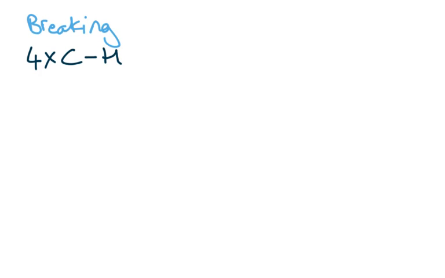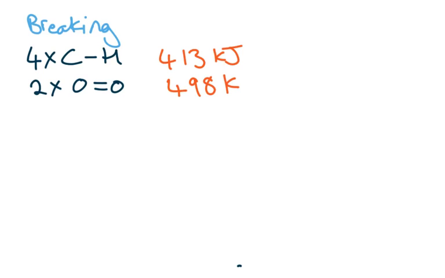I had oxygen bonds as well, and there were 2 oxygen bonds. Now this is where we assign values to these bonds. My carbon-hydrogen bond has a value of 413 kilojoules, and my oxygen bonds, each one has a value of 498 kilojoules.